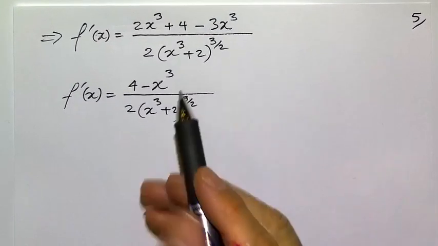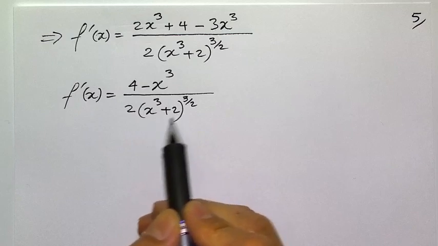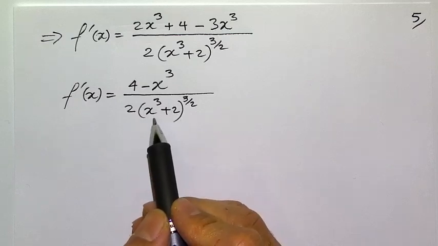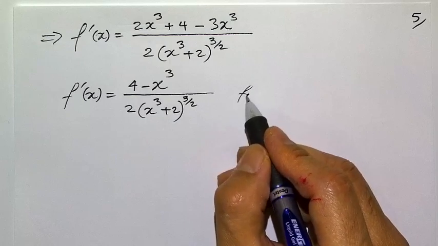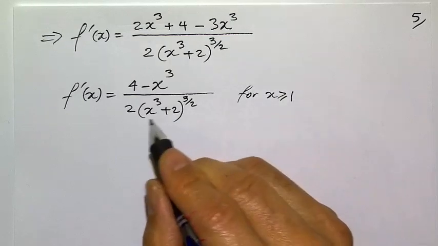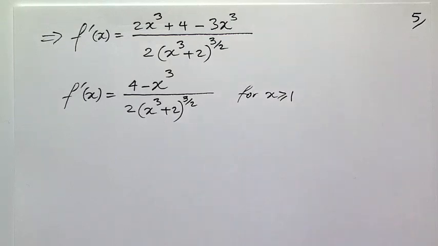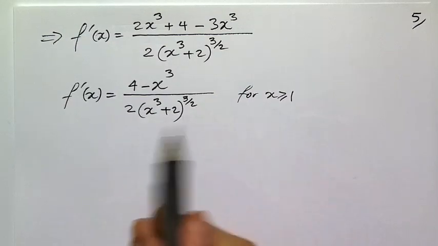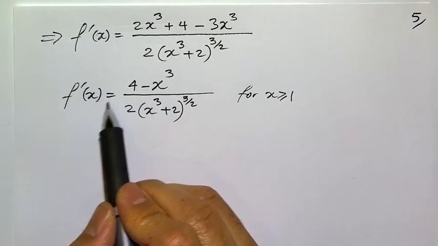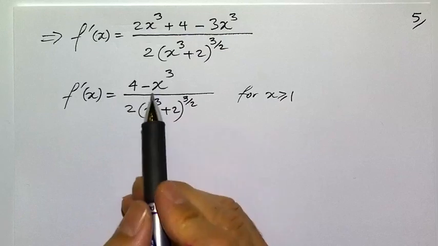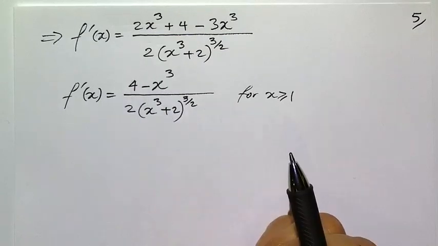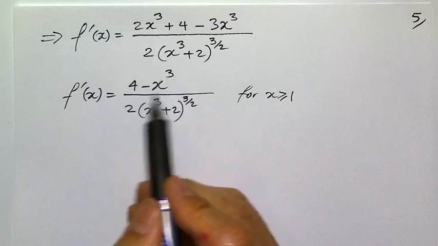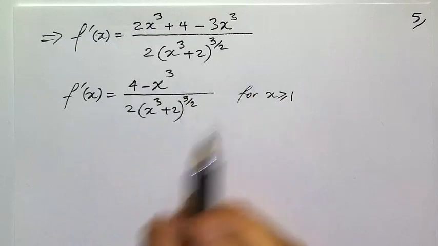So when is this negative? Remember that for x greater than or equal to 1, this denominator is always positive. So this first derivative can only be negative if for some occasion the numerator is negative. So let's find out when the numerator is negative.